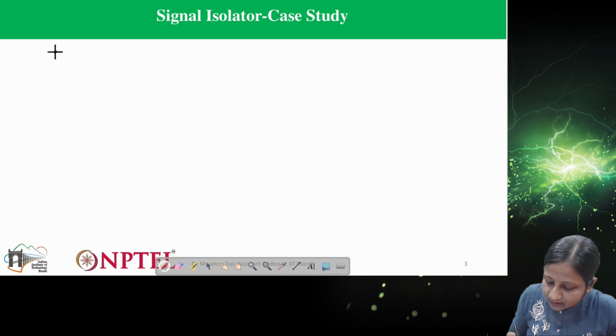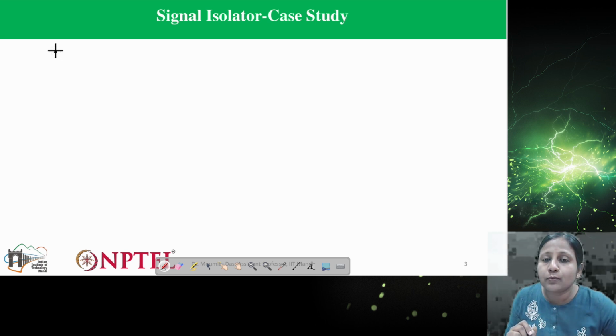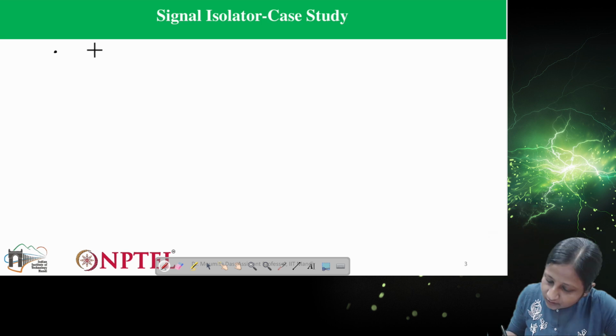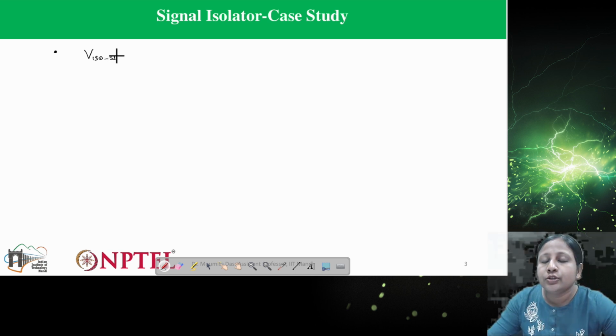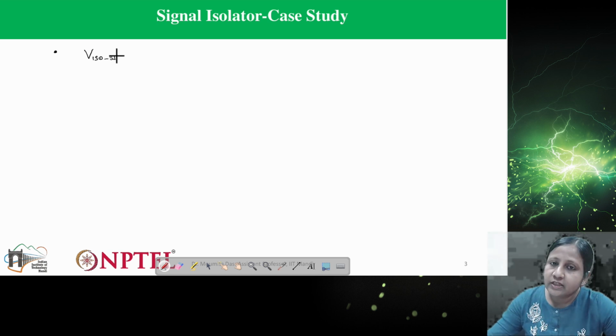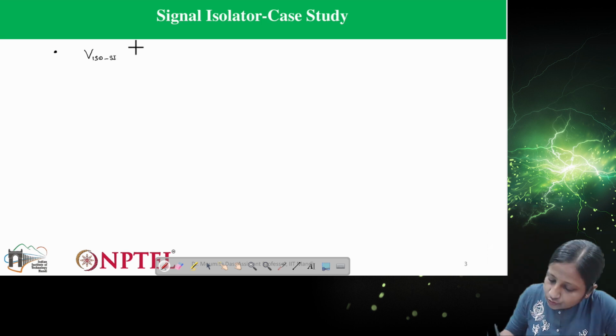The first parameter to consider is the voltage isolation. The isolation voltage of the signal isolator should be more than the breakdown voltage of the device. In the previous slide I showed that the breakdown voltage of this device is 1200 volts.